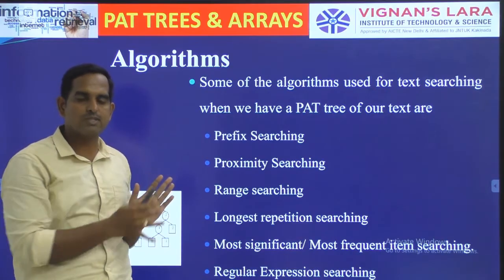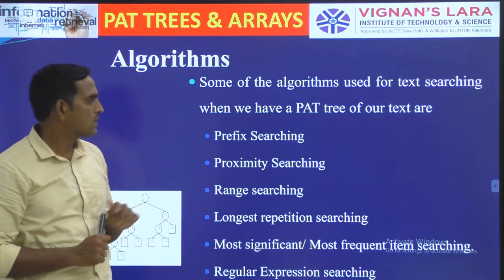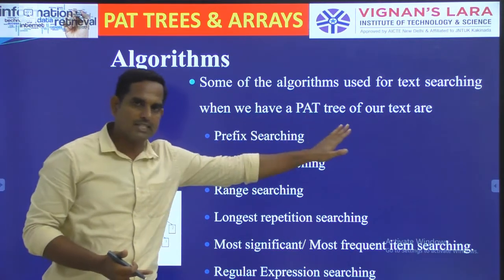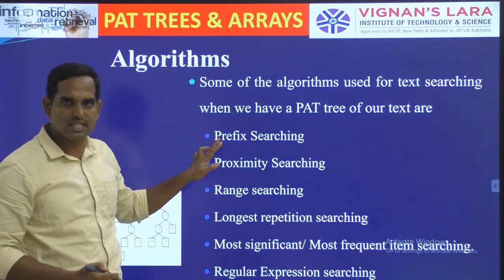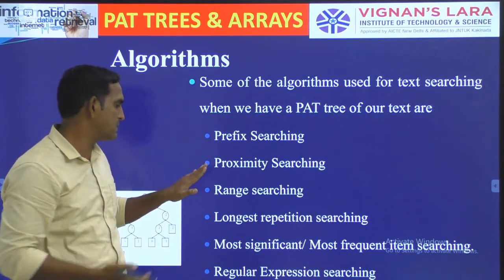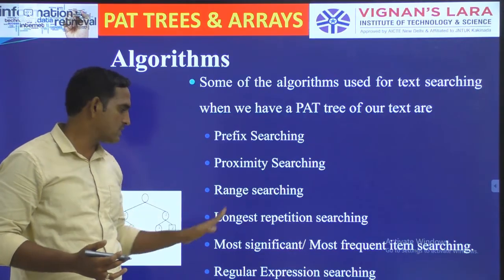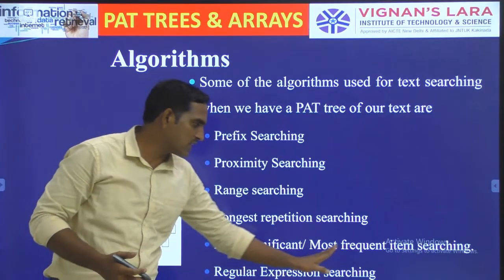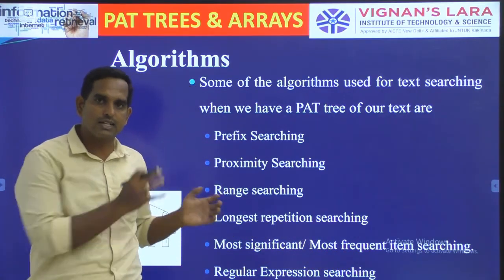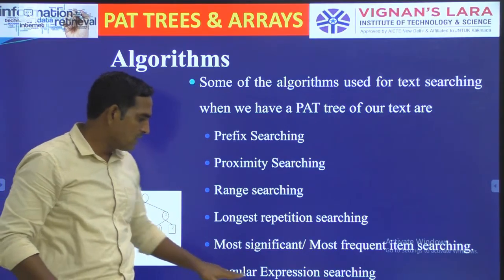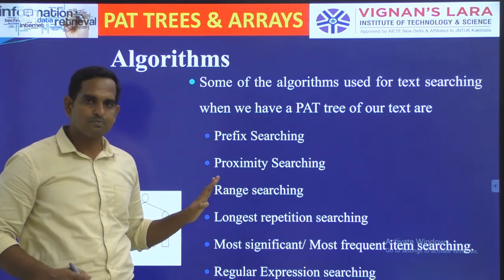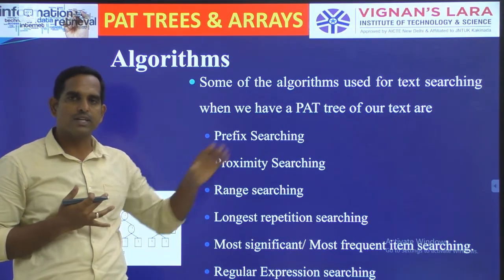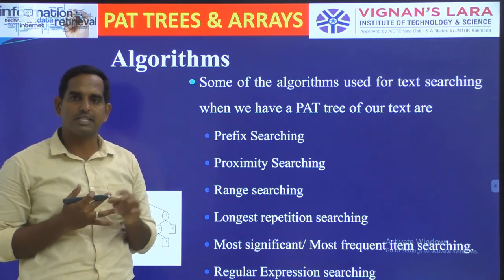Some of the algorithms which we will be using for text searching on Patricia trees are prefix searching, proximity searching, range searching, longest repetition searching, most significant or most frequent item searching, term searching, string searching, and also regular expression search. These are the text searching methodologies which can be implemented on your Patricia trees.